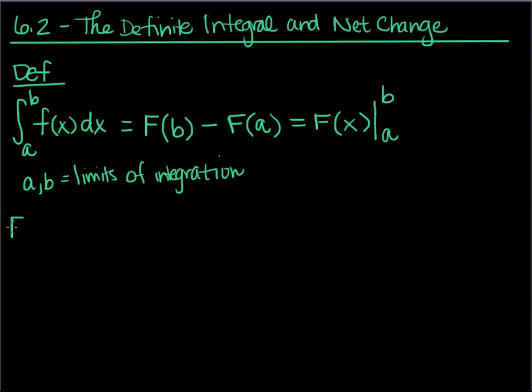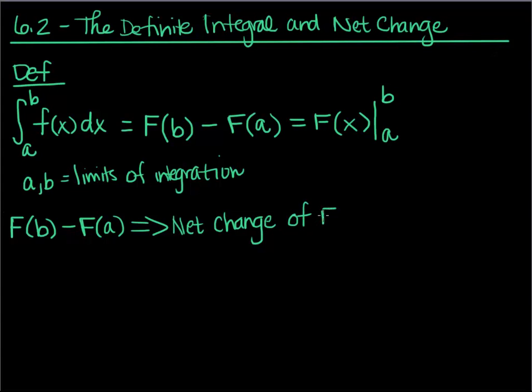So the big idea in this section is that when you take this F of b minus F of a, this is just the net change of the antiderivative, F of x, as x changes from a to b, which makes sense, right? Because we know subtraction, that's a difference of two things, and a difference gives us a change.